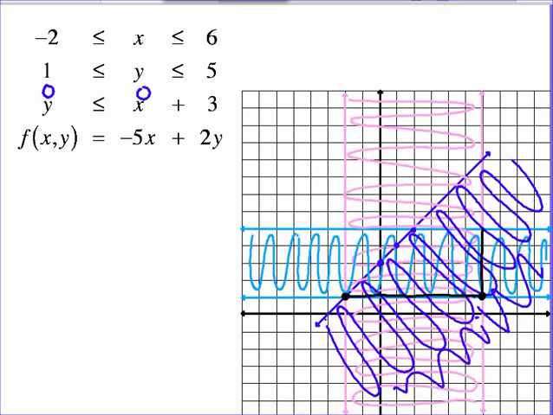I go all the way up to here, here's a boundary. I go over to here, here's the other boundary. So there is your boundary. Now, will it always be trapezoidal in shape? No. It depends on what you're given.